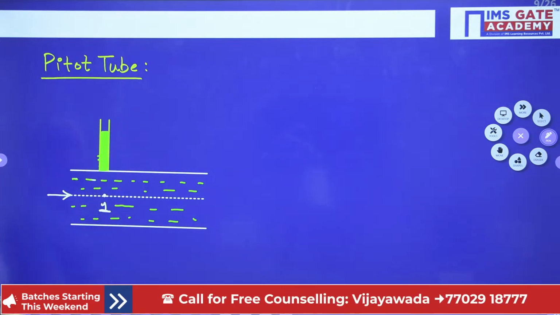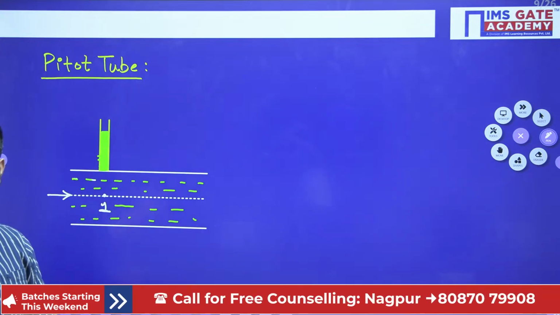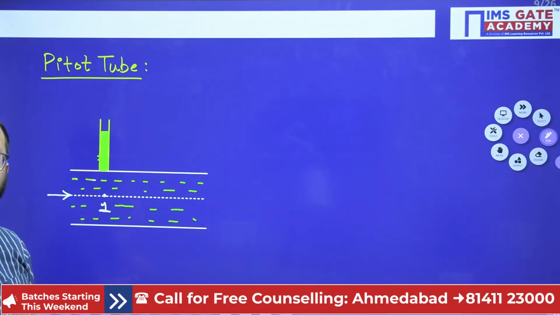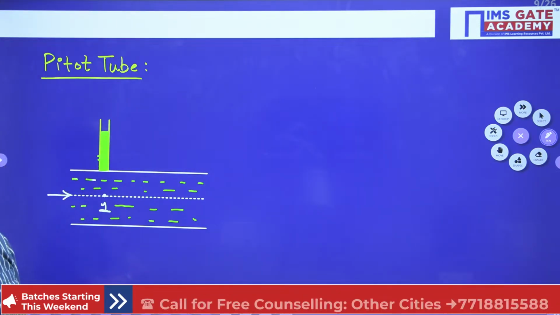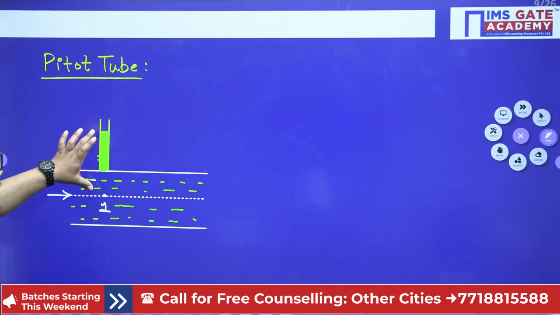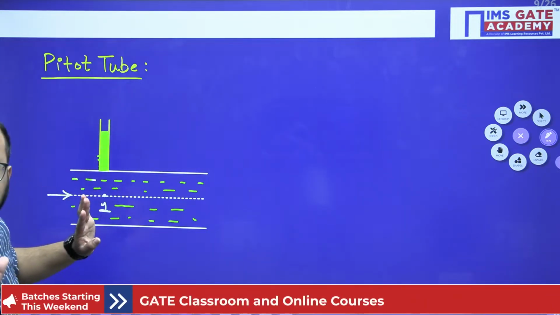Simple. Yes, static pressure, absolutely Sandeep, correct. Which device? The simple piezometer. So I will get the static pressure at point 1 just by measuring this much height. Just by measuring this height, I will be able to get the static pressure head.